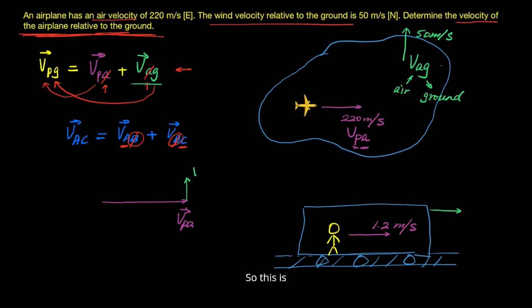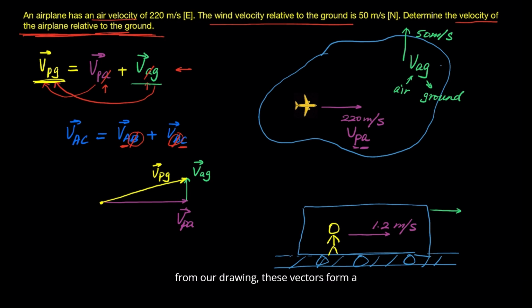So this is VAG. Now VPG is the result of adding these two vectors together. We find it by drawing this vector from the very start of the first arrow to the very tip of the second arrow. So this is VPG, representing the velocity of the plane relative to the ground.